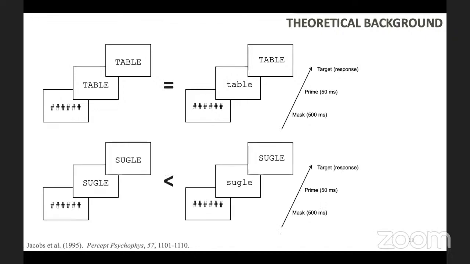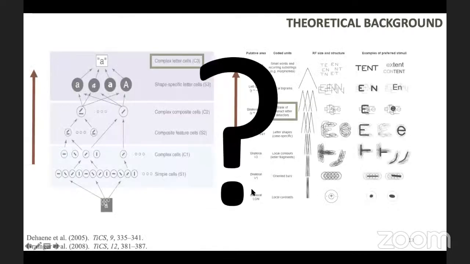But probably the most important finding was that responses to a pseudoword like sugle were faster when preceded by a masked match-case identity prime, sugle, than when preceded by a mismatch-case identity prime. So this finding poses some problems for purely bottom-up accounts of visual word recognition, which would have predicted the same pattern for word and non-word targets.